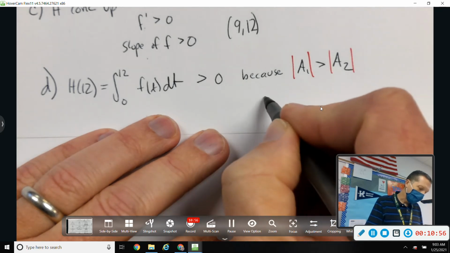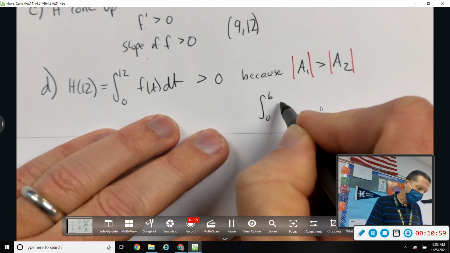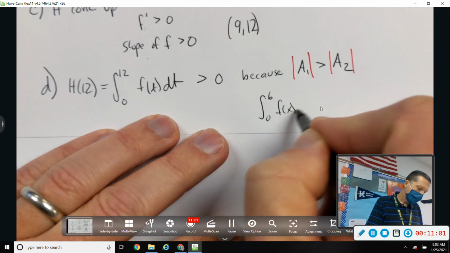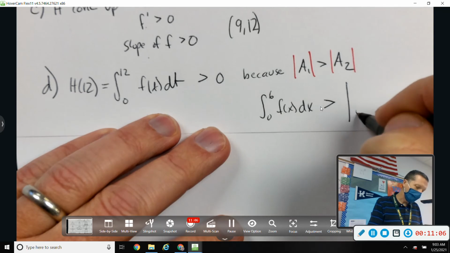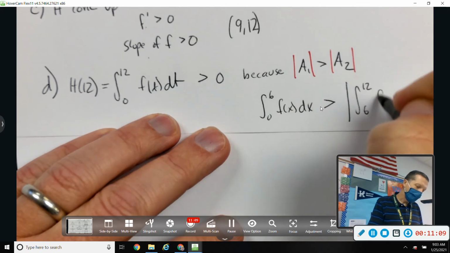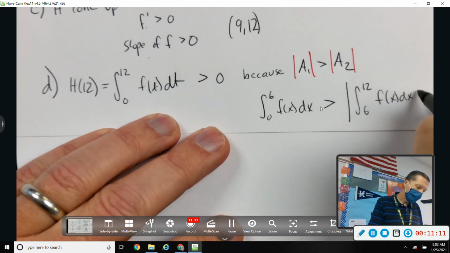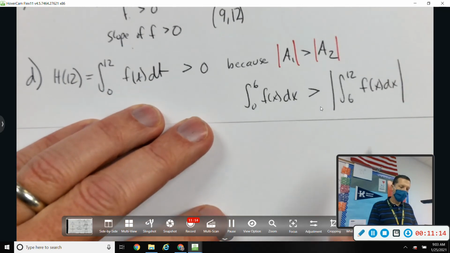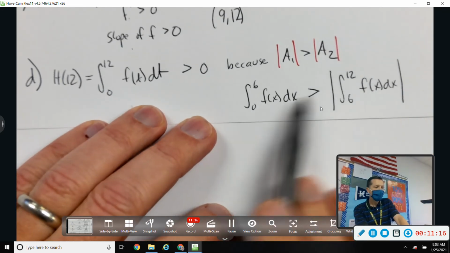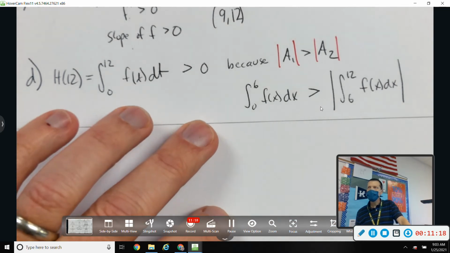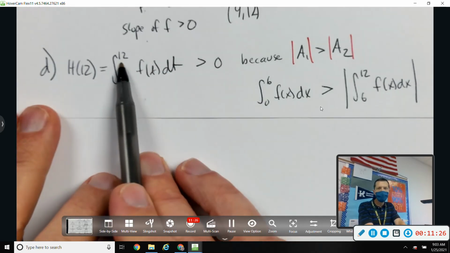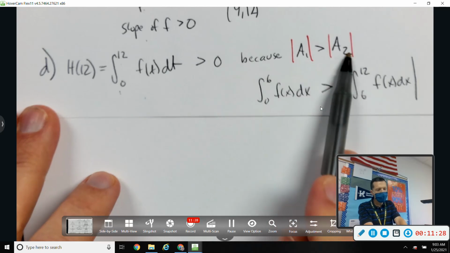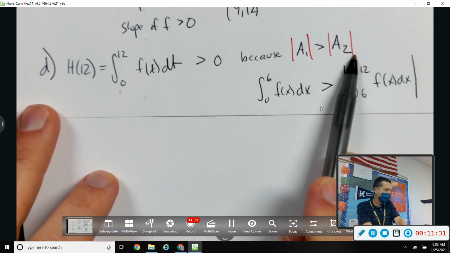One way to write it would be the integral from 0 to 6 is greater than, now this one you would have to use absolute values, the integral from 0 to 12. Because this one is negative, this one's positive. So h of 12 is positive because there's more positive area than there is negative area. And h of 12 is the area from 0 to 12. Some of it's positive, some of it's negative, but there's more positive than negative.